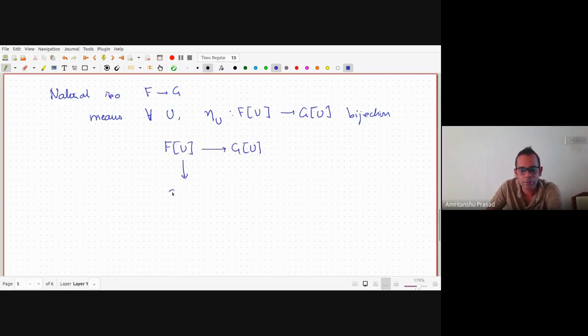Intuitively it's always clear in all these examples, but of course one needs to be careful here. This diagram commutes, so that's a natural isomorphism.